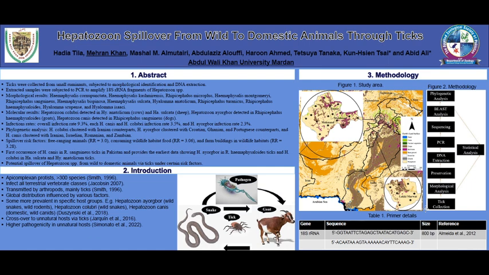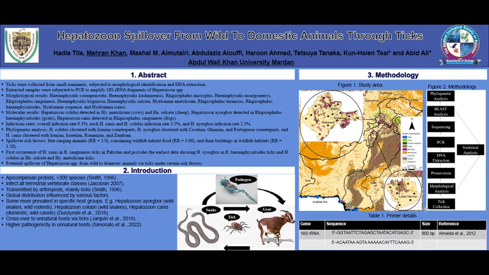Moving toward its abstract. Different ticks were collected from domestic animals, and those ticks were subjected to morphological analysis as well as DNA extraction. The extracted DNA samples were then subjected to PCR to amplify 18S rRNA fragments of Hepatozoon species. In morphological results, we identified a total of 12 tick species.